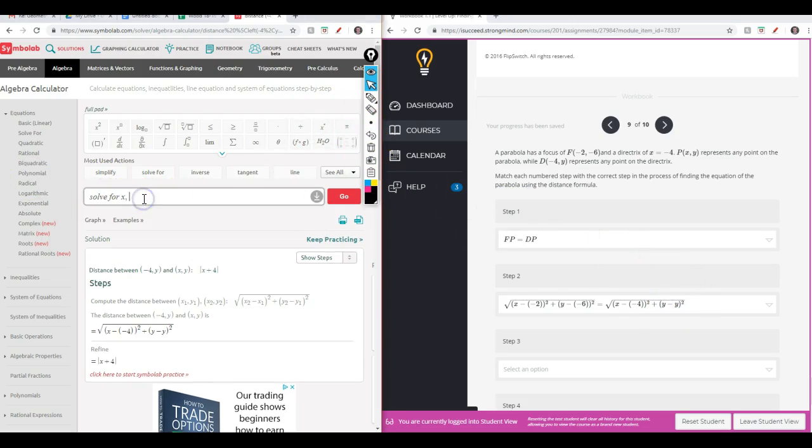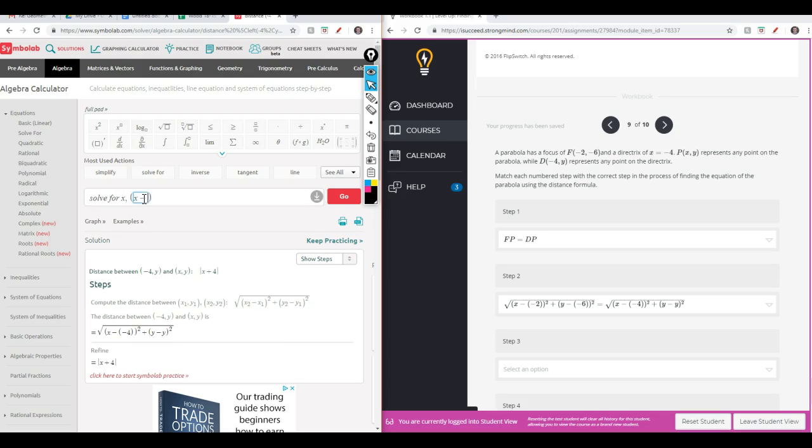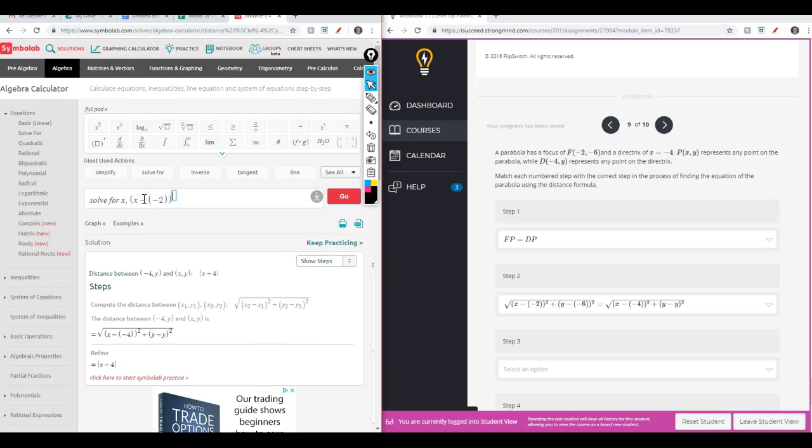So then solve for x, parentheses x minus, parentheses -2, and that's all being squared, plus, parentheses, y minus, parentheses -6, close parentheses, and that's being squared.